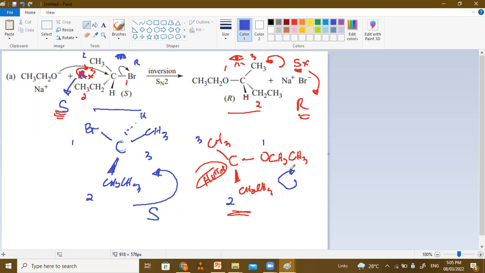Is it an R or an S? Is this the counterclockwise or clockwise direction? Okay, this is the clockwise direction, and because it's clockwise, this is an R configuration. So what was S became an R configuration.